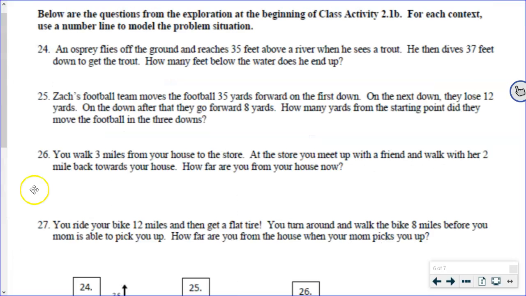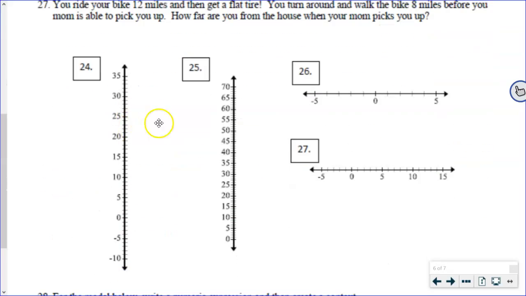Pausing the recording. Okay, so number 24 is like number 1 at the beginning of the task. An osprey flies off the ground and reaches 35 feet above a river. When he sees a trout, he then dives 37 feet down to get the trout. How many feet below the water does he end up? We're going to have that modeled up here on number 24 by Oren. Go ahead.